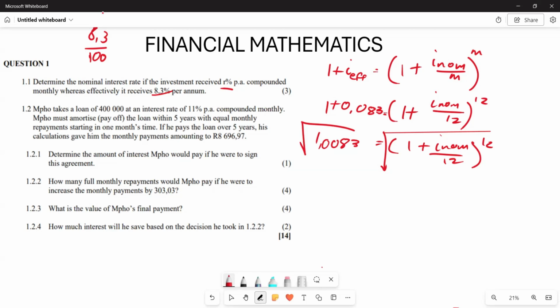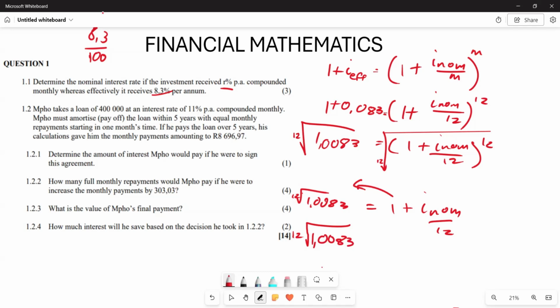Now, from here, you're going to have the 12th root of 1.083 is equal to 1 plus i nominal over 12. The next thing that you're going to do is transpose the 12 to this side. So this is going to be the 12th root of 1.083 is equal to i nominal over 12.